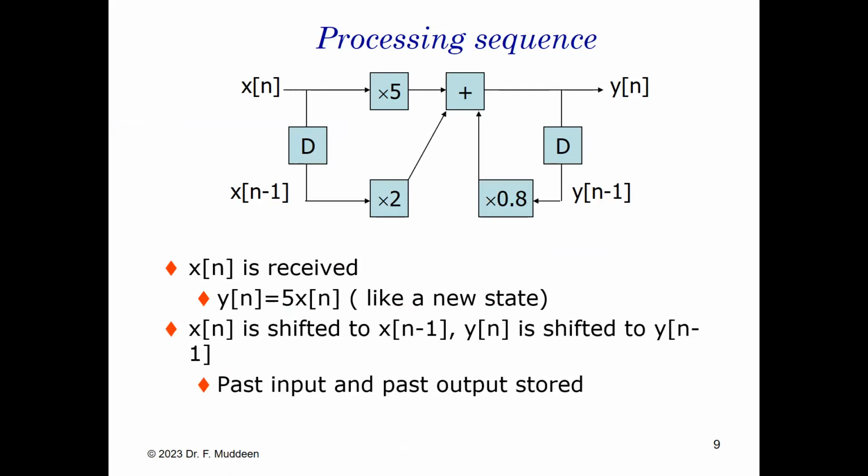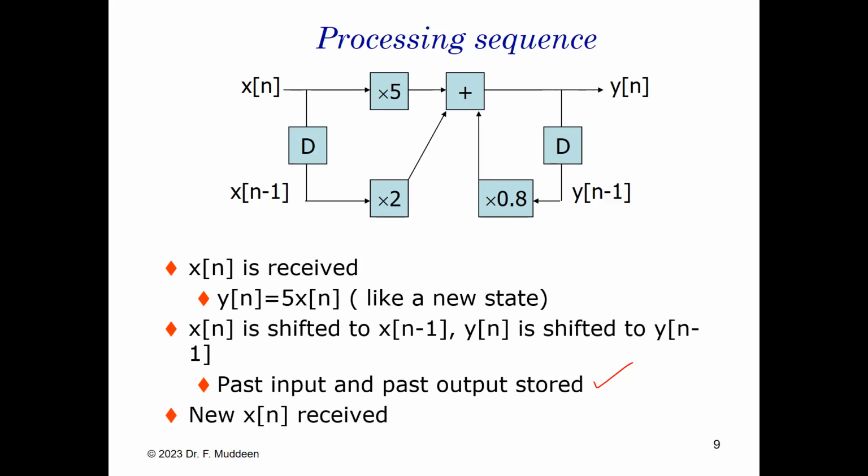Then x[n] is shifted to x[n-1], and y[n] is shifted to y[n-1]. In other words, the past input and the past output are stored, right? So you hold it back. You got the first input, we get an output. You store that first input, you store that first output, and then the next input comes in now.